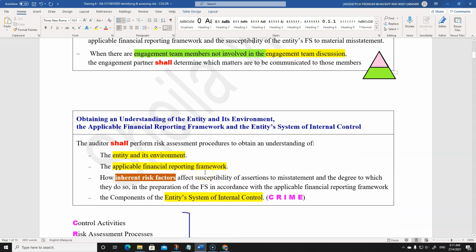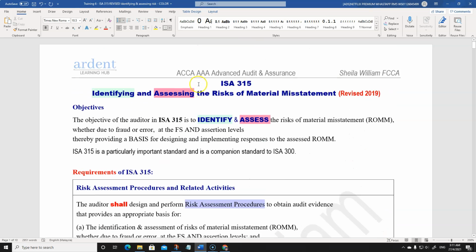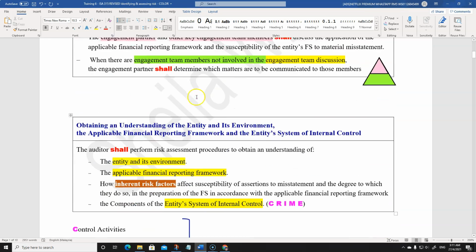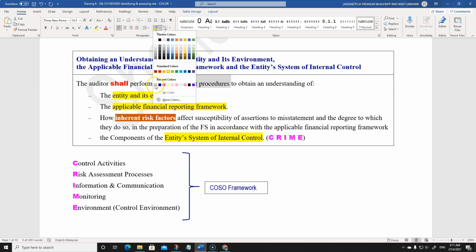Let's go to the second part of the standard, the second requirement, obtaining an understanding. So even though the title does not have the word understanding anymore, we still need to obtain understanding. But this one is slightly different from what you may have done in your earlier audit paper, because this one is a revised standard. So it says here that the auditor shall perform the risk assessment procedures that we talked about just now.